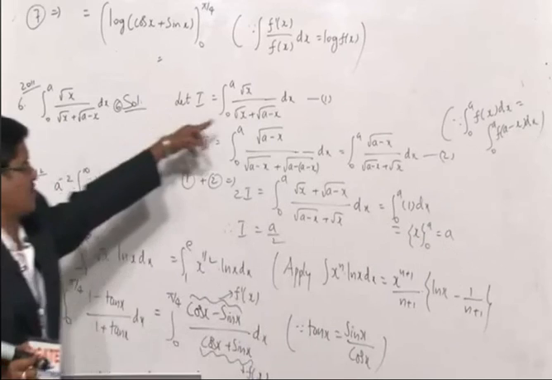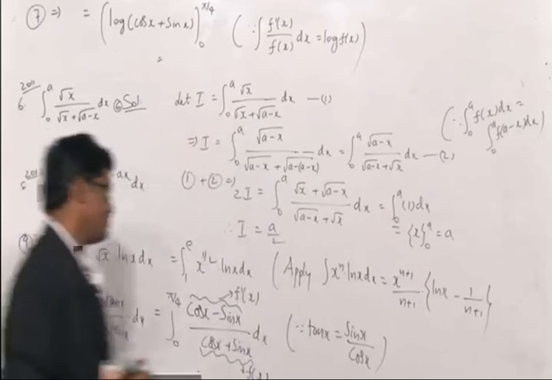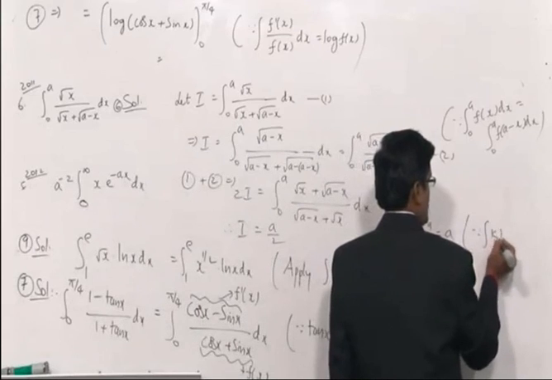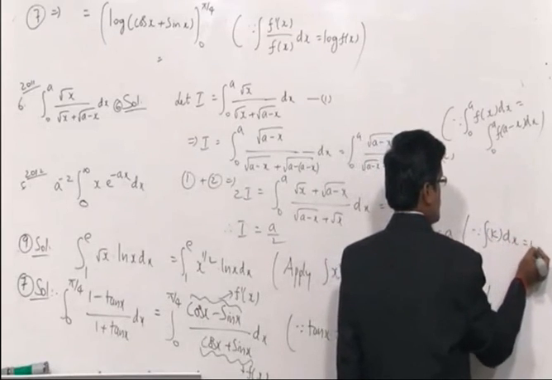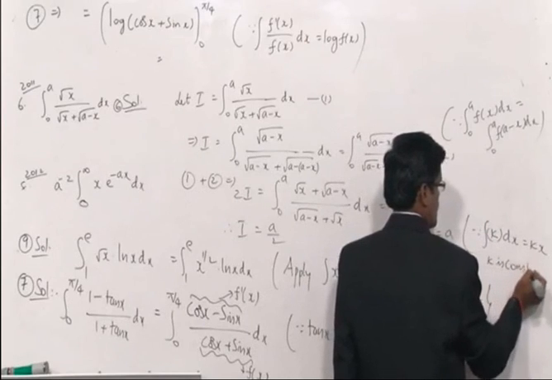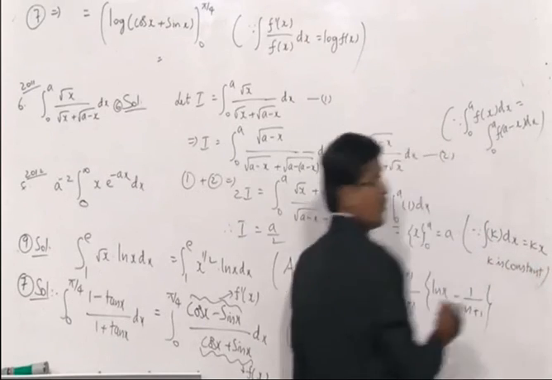What is I? The first step, the given integration. Since the integral of k into dx is equal to kx, where k is a constant, the integral of 1 dx is x.